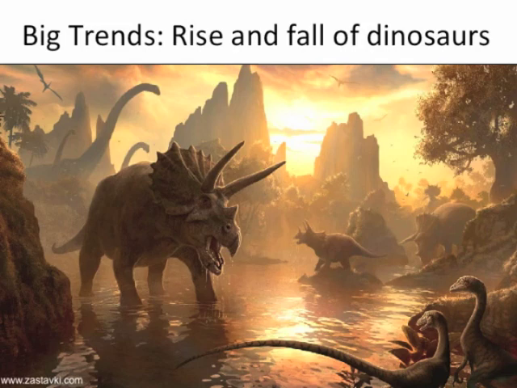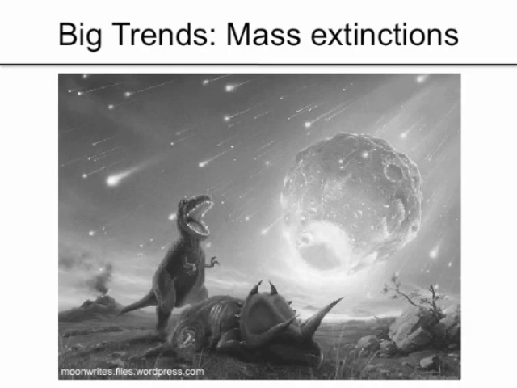So we're going to be talking a bit about how mass extinctions lead to these large radiations of species and large increases in species diversity. So one of the big trends in evolutionary biology are mass extinctions, and mass extinctions can lead to this large availability of resources and rapid speciation. So we actually see this many, many times, and we'll come back to this, where a mass extinction event will be followed by a large number of speciation events and large increase in diversity in some groups. But it leads to big shifts, like the shift from reptiles to mammals.